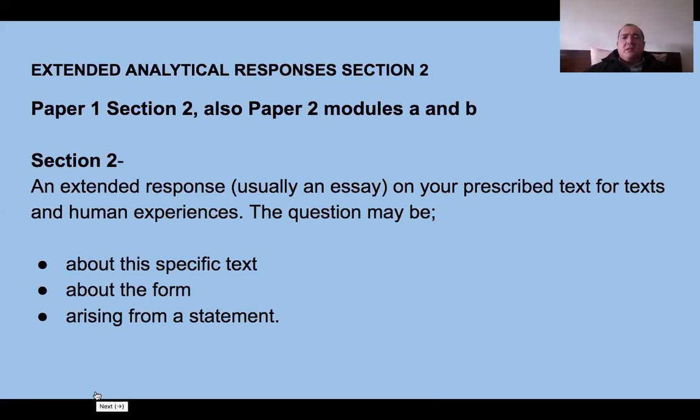Now, the extended response is important because really paper 1 has an essay in section 2. Paper 2 is made up really of 2, possibly 3 essays. So we're writing potentially 4 essays in the English exam. So we need to know how to write extended responses.